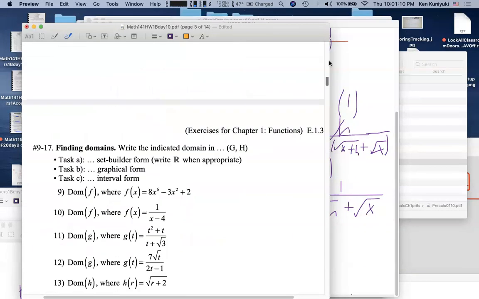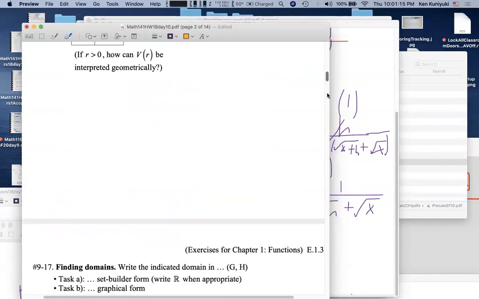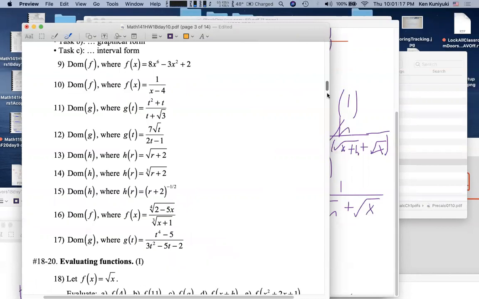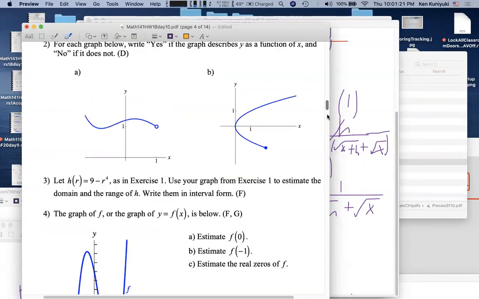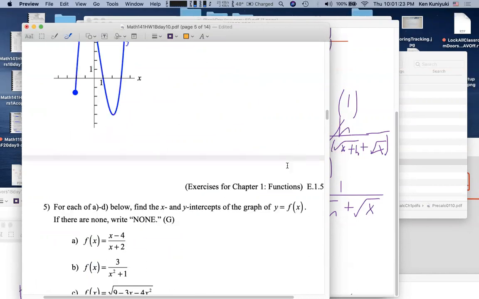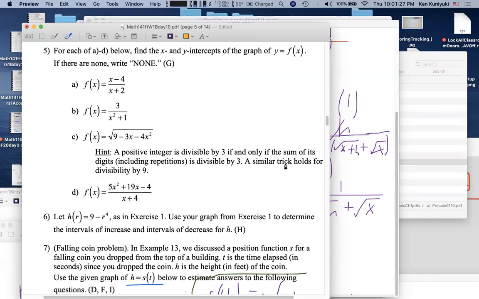125D. Find the x and y intercepts of the graph.